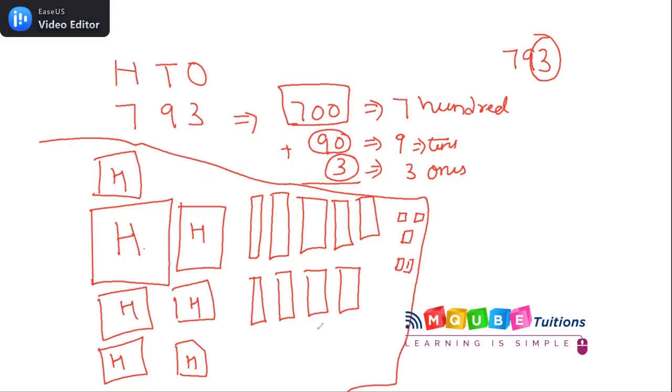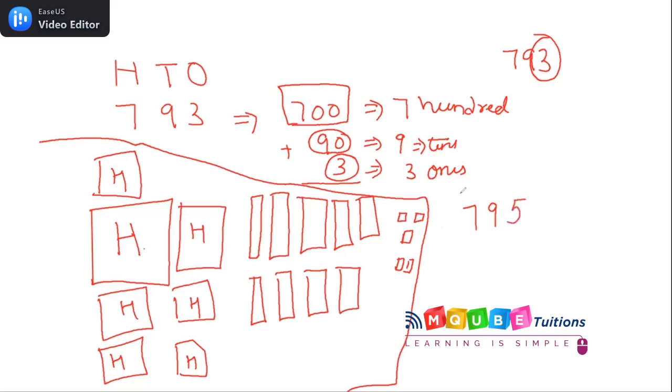By looking at the picture, can you count the 100 blocks, 10 blocks, and 1 blocks and tell me what is the number? 795.